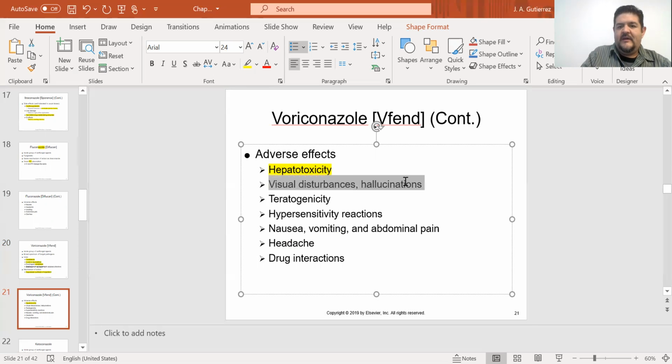Patient may have hallucinations with this medication. If the patient is pregnant, teratogenicity, or we already mentioned those malformations regarding the fetus. They can have allergic reactions, rash, anaphylactic shock, headache, and other drug interactions, especially those that affect the liver.